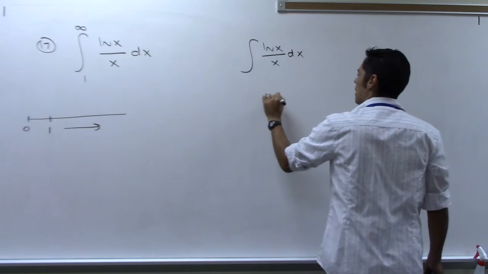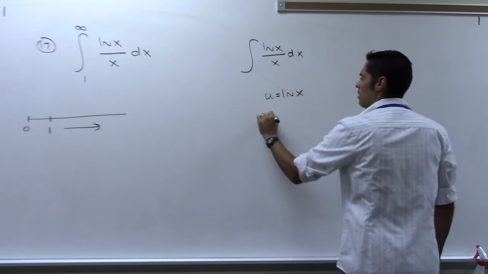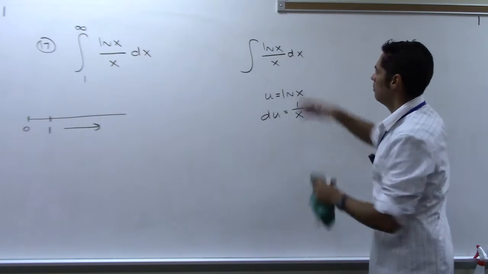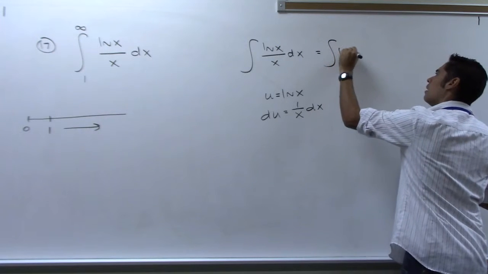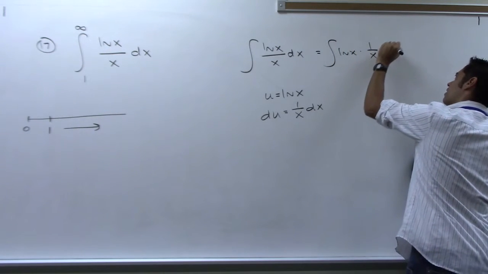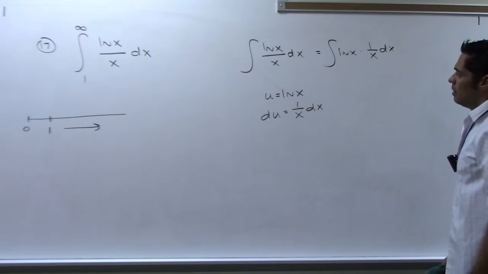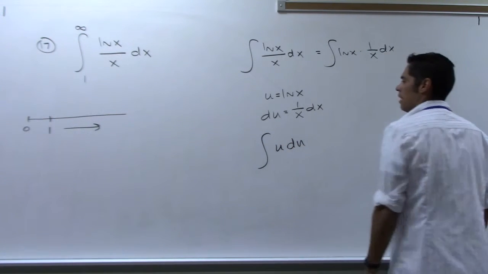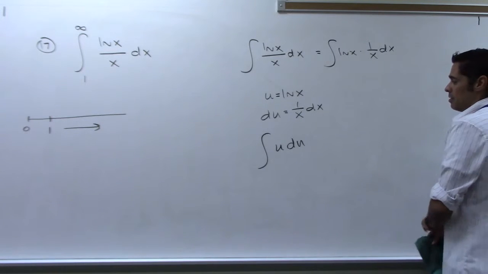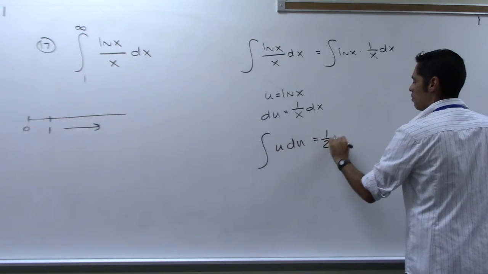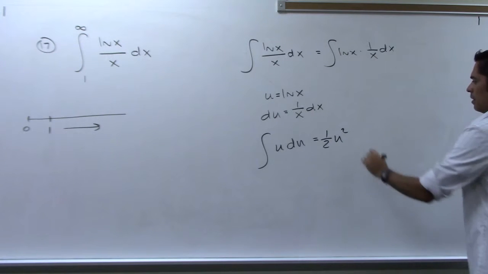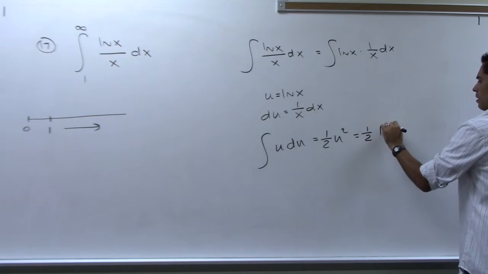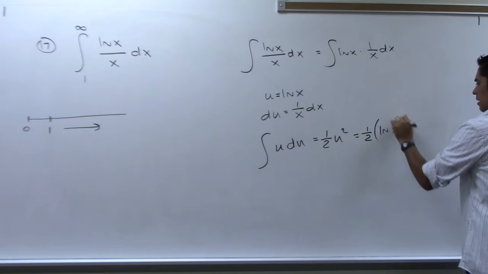And I realize I can make a basic substitution. The derivative of the natural log is 1 over x dx, which I have here if I rewrote this. So this is just going to become the integral of u du. That doesn't get much easier than that. So 1/2 u squared is the antiderivative, which is going to be 1/2 natural log of x, that quantity squared.